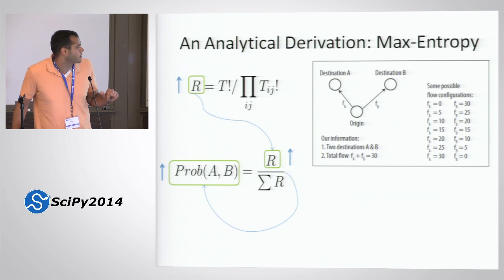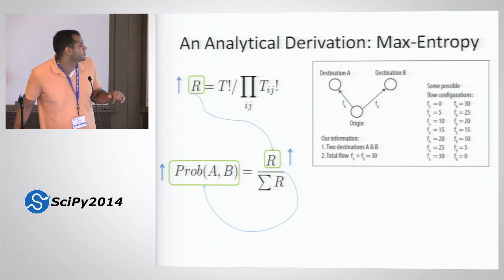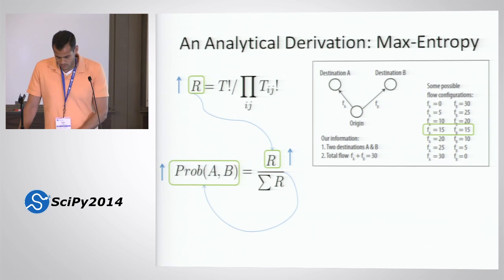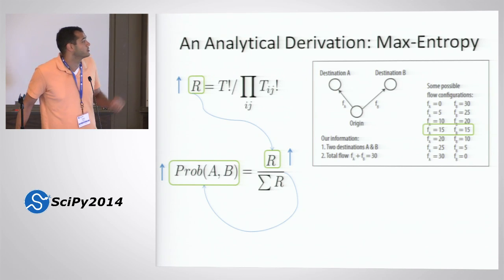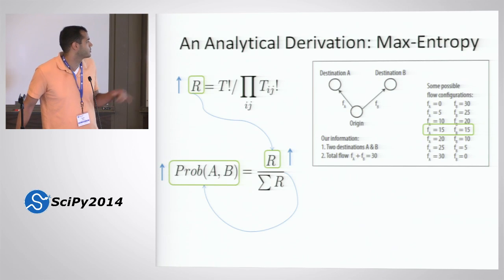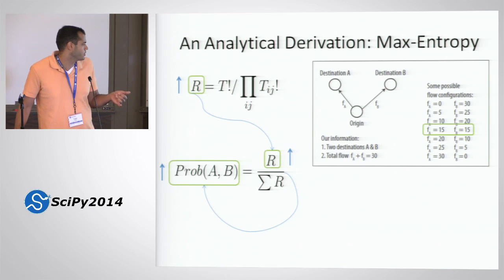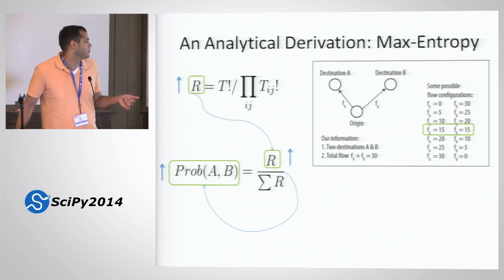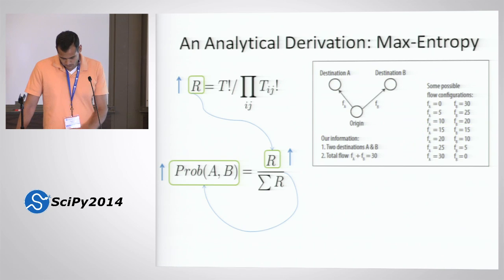So the most number of unique flow combinations in this example would be given by 15 flows to each destination. And the number of unique combinations can be described by the equation R. By maximizing R, you are essentially finding which one would be the most probable.